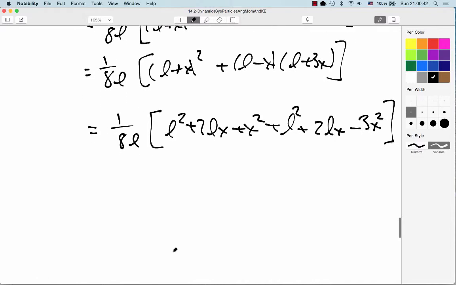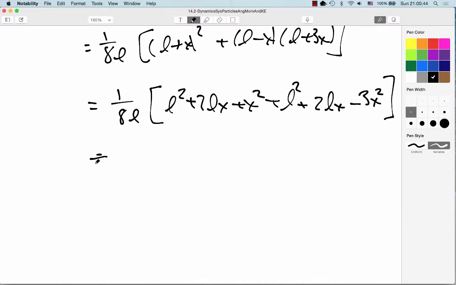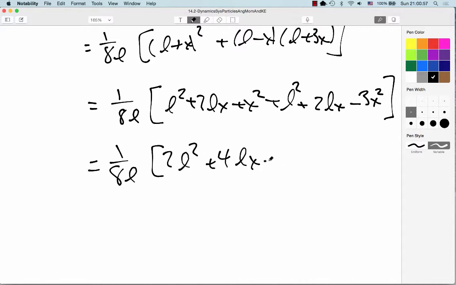All right. So then that becomes 1 over 8L times 2L squared plus 4LX minus 2X squared. I can drop a factor of 2 everywhere. Again, thank God for small favors.